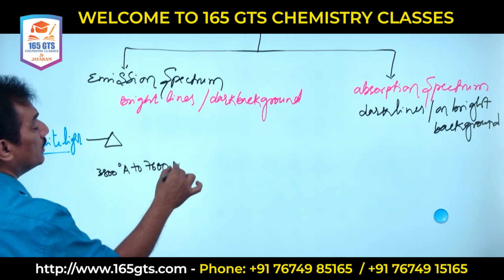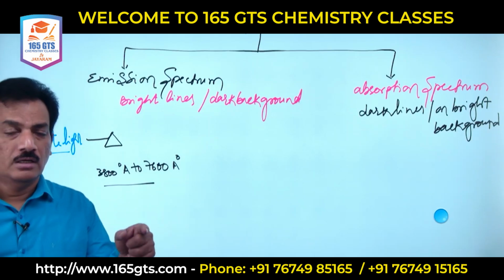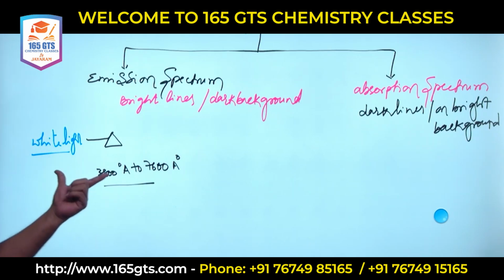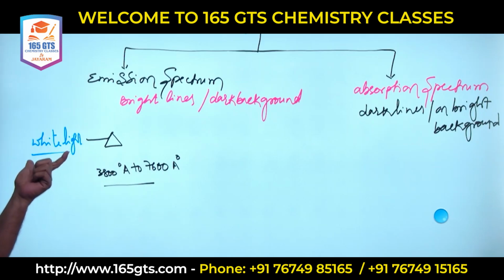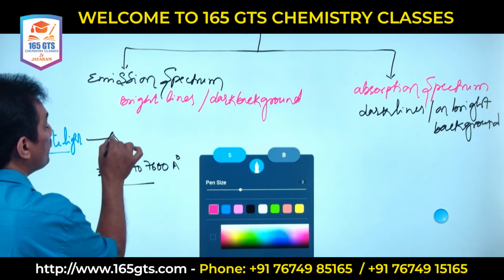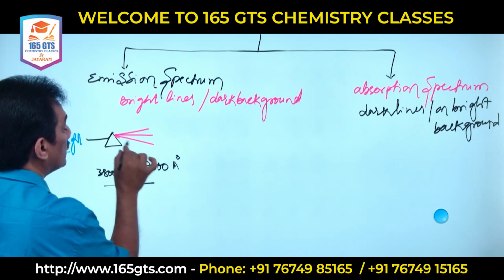Already you know this from the characteristic features of electromagnetic radiation related to the visible part of the light. Is it not? So when the wavelength is present in between these two, that light is white light or visible part of the light. Now when it is passed through the prism, it will split into different colors like this.